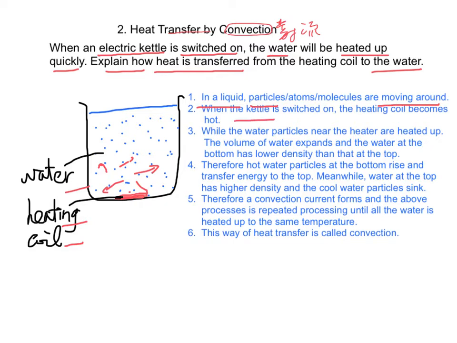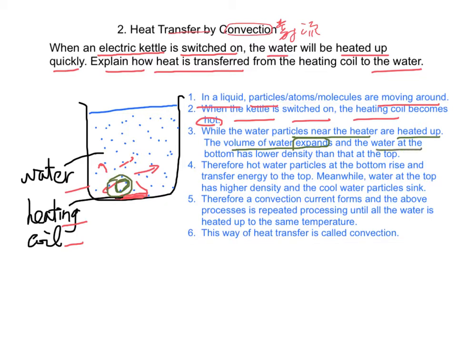When the kettle is switched on, the heating coil becomes hot. While the water particles near the heater are heated up, the volume of the water expands. That means this section of water will increase in volume. Okay? That means it expands, 膨脹.